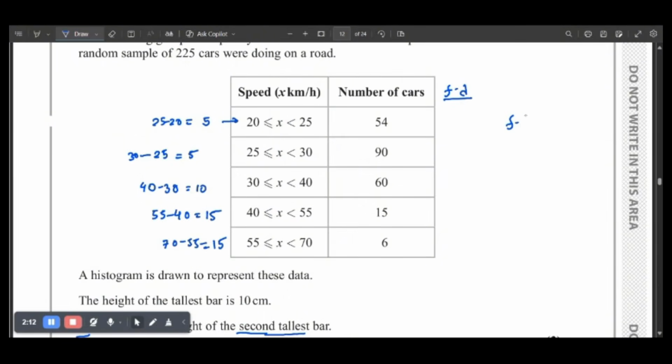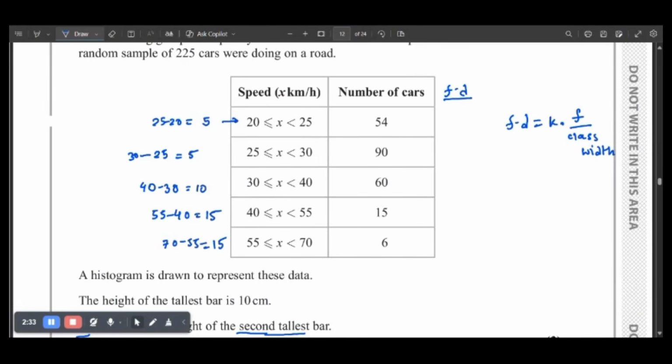Before finding the frequency density, we will write the formula. Frequency density is equal to K times frequency divided by class width. K is an assumed value. It determines the scale of our histogram.